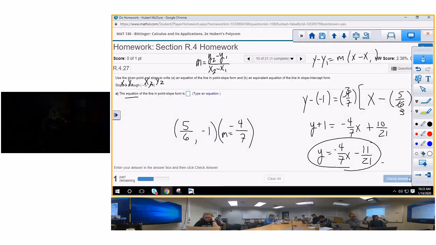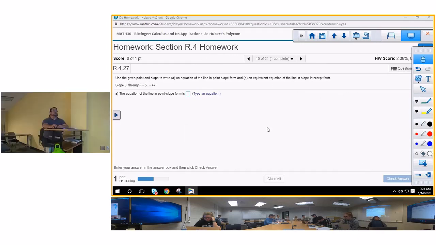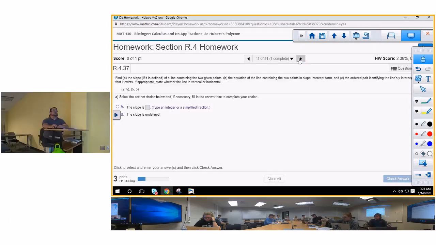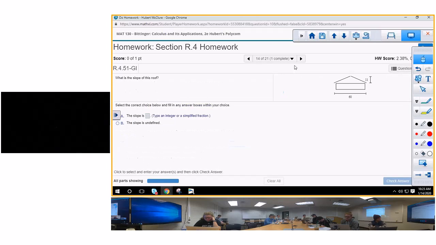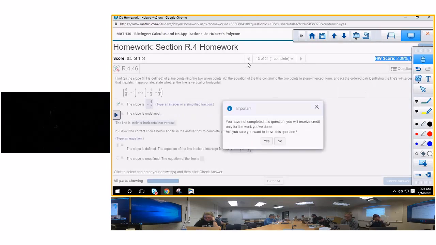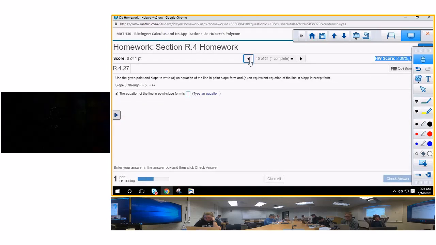There we go. I'll give you a couple of these because these are good to know. Hold on. Let me find one that's not a vertical or a horizontal line. All right, there you go.